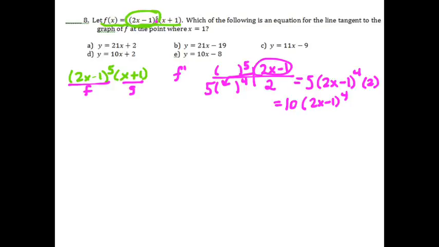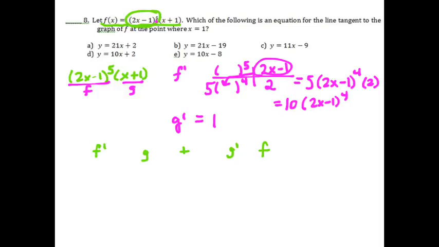Alright, so that's f prime. G prime is just the derivative of x plus 1, which will be 1. So now we're ready to do our product rule. The product rule is f prime g plus g prime f. And so I'm going to substitute in for those things.